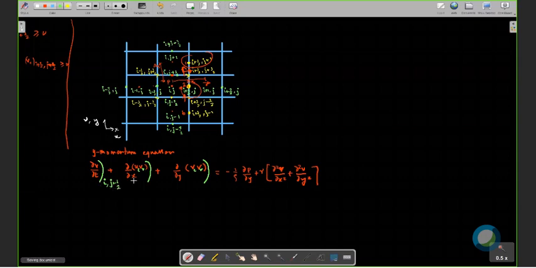Everything is at I. And these are all at nth level values except this one.